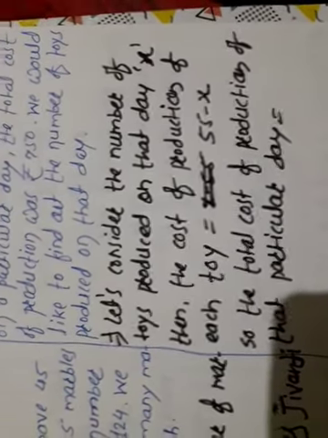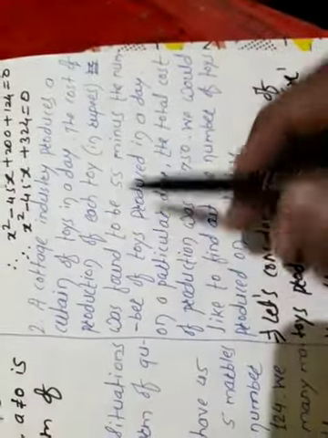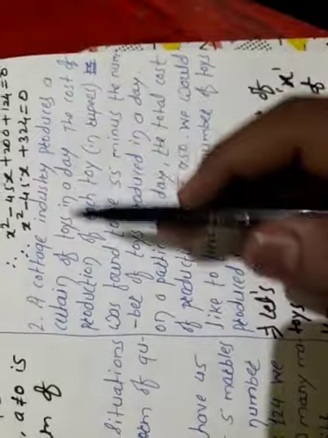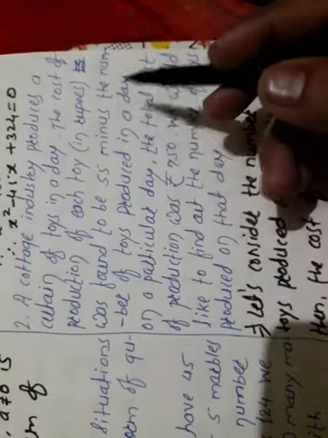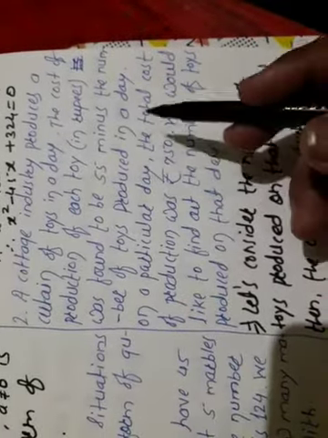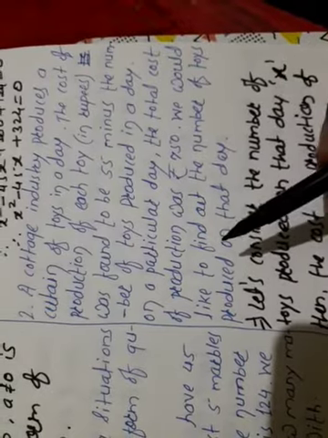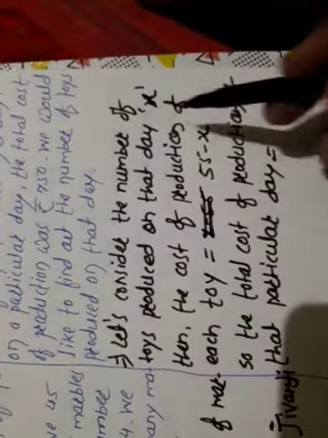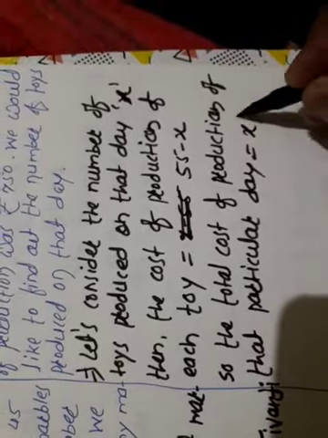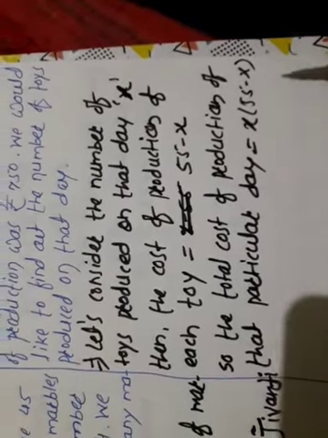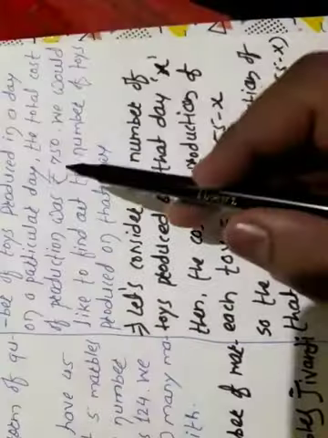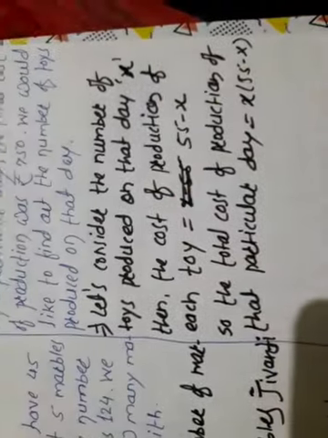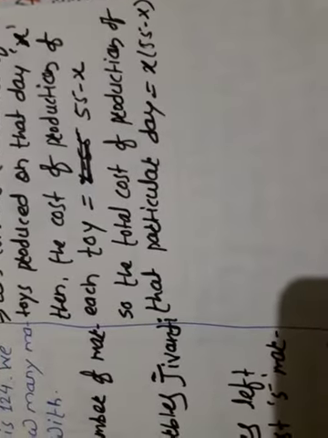Here it is told that the cost of production of each toy was found to be 55 minus the number of toys produced in a day. When we multiply this, we get the total cost. But on that day the cost of production is given as 750. We will use this condition and find the quadratic equation.